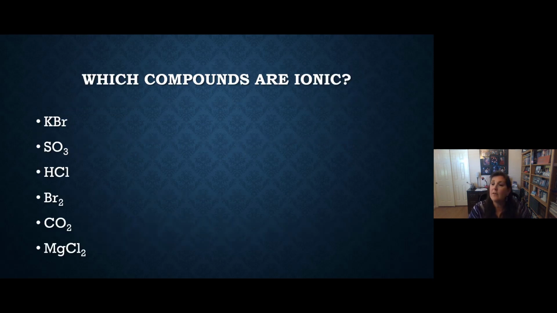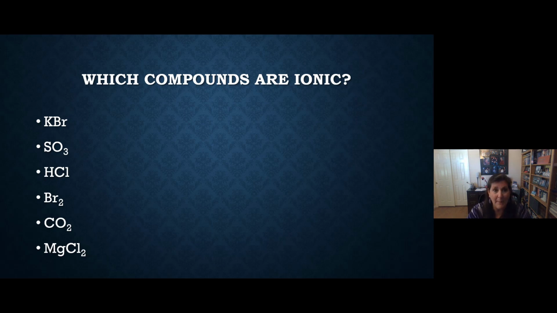Here's a list of compounds. I want you to tell me which are ionic and which are covalent. Remember, ionic is a metal and a nonmetal. Covalent is two nonmetals. So hit pause and look at these real quick. All right, so KBr is ionic.